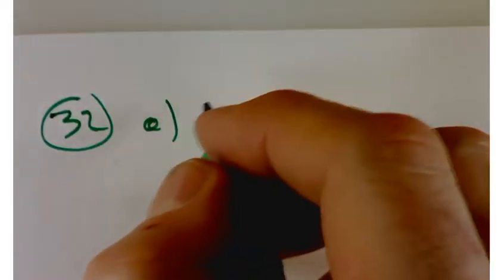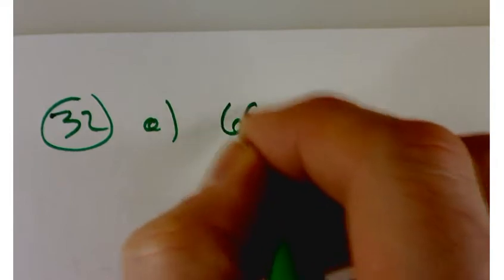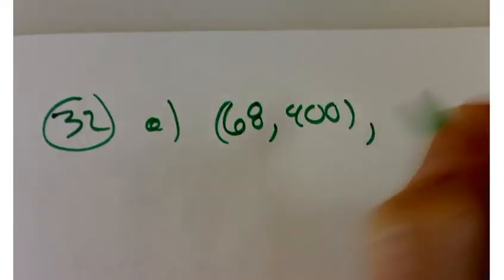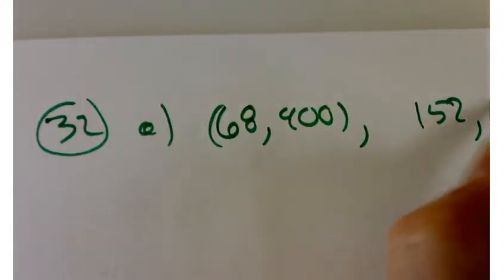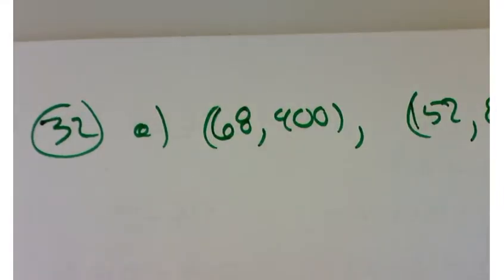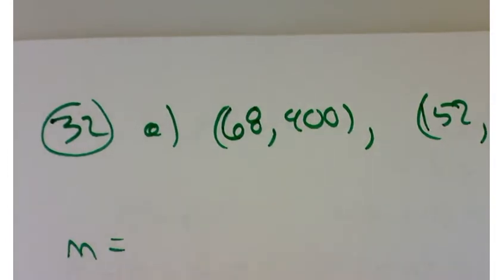So let's see, 32A. So we have points at 68 and 400. And what else? 152 and 800. So we want to find the average rate of change of his distance in that interval.